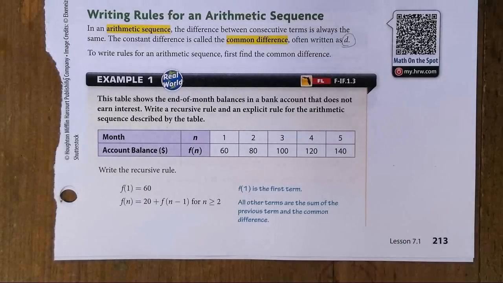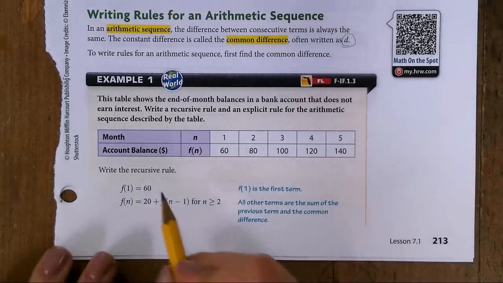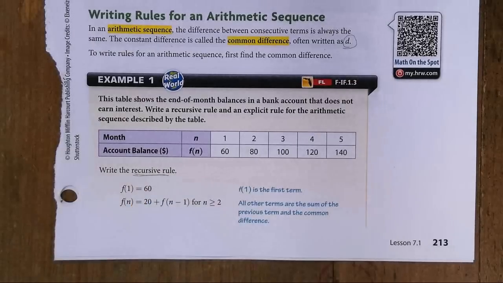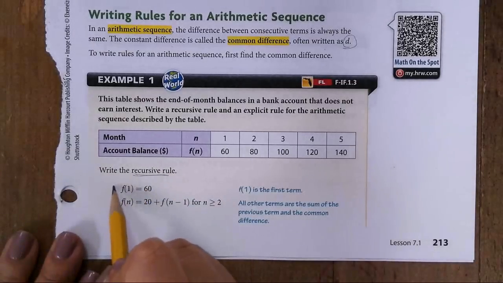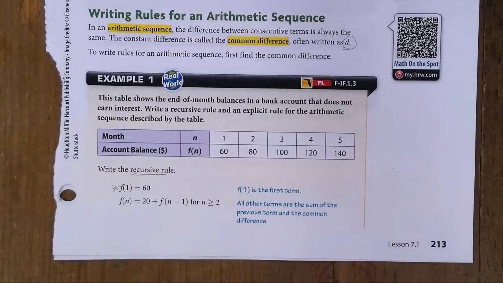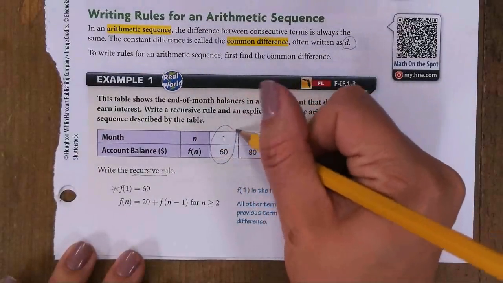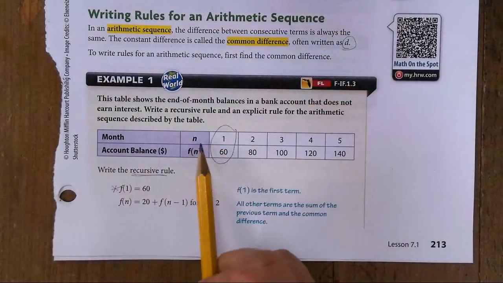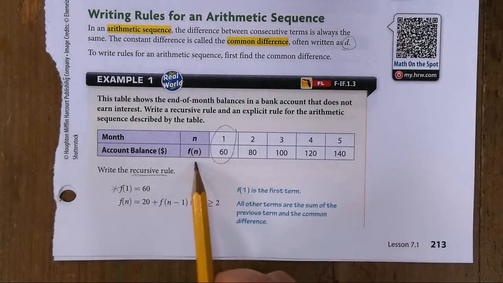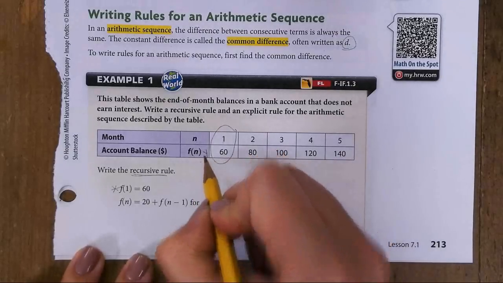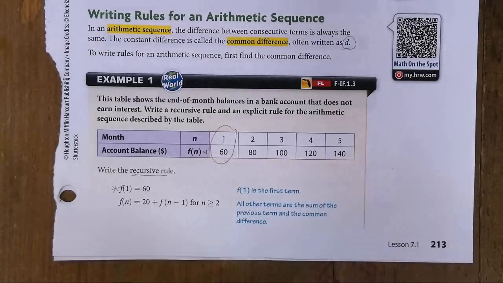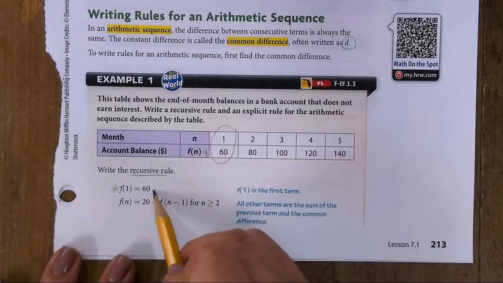Remember when we were talking about recursive rule, you always need to write your very first term. So you know right here that when n is 1, your f of n, which is the same as y, is going to be 60. You have to write that as part of your rule.